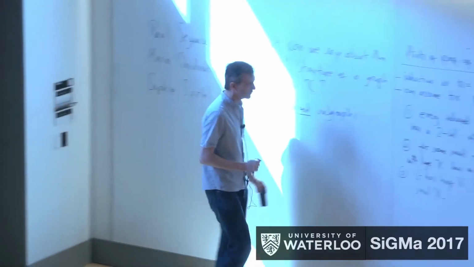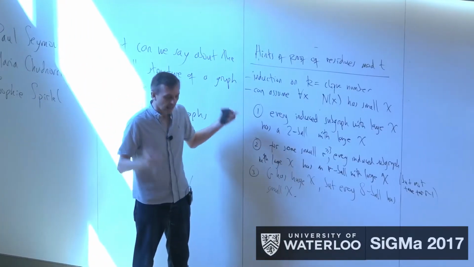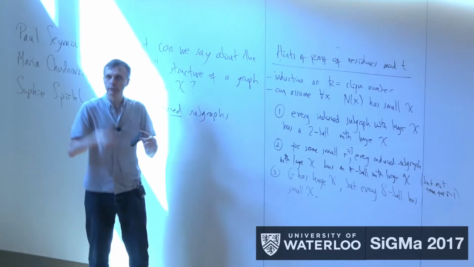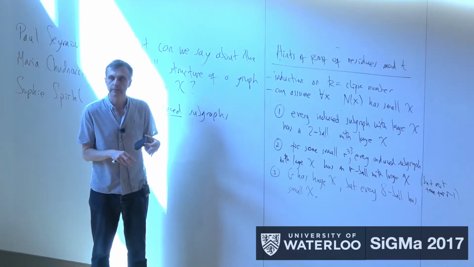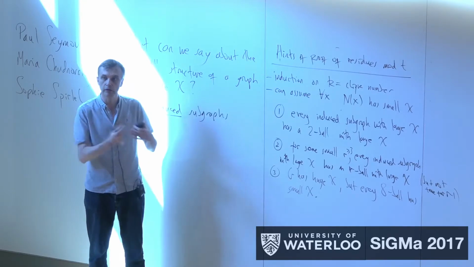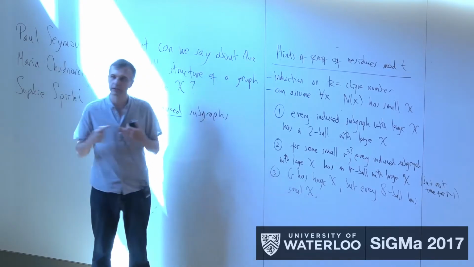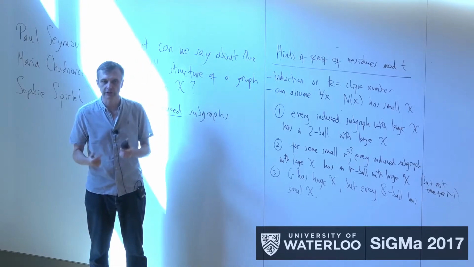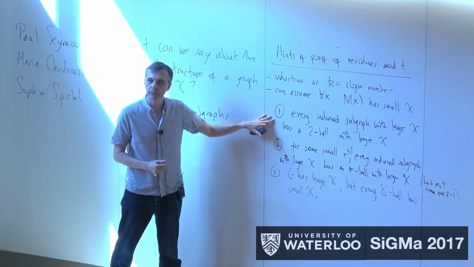Okay, so let's do the following. Let's look at our graph and say, if there's a subgraph with large chromatic number, but all the two-balls have small chromatic number, I may as well drop to that. Okay, so then I'm in a graph now where it still has pretty large chromatic number, but the two-balls have small chromatic number. Okay, so that's going to be sort of escape from case 1 if that happens.